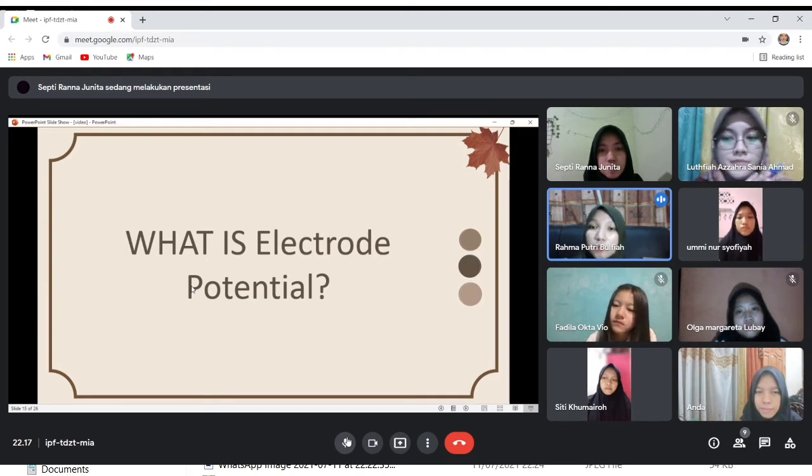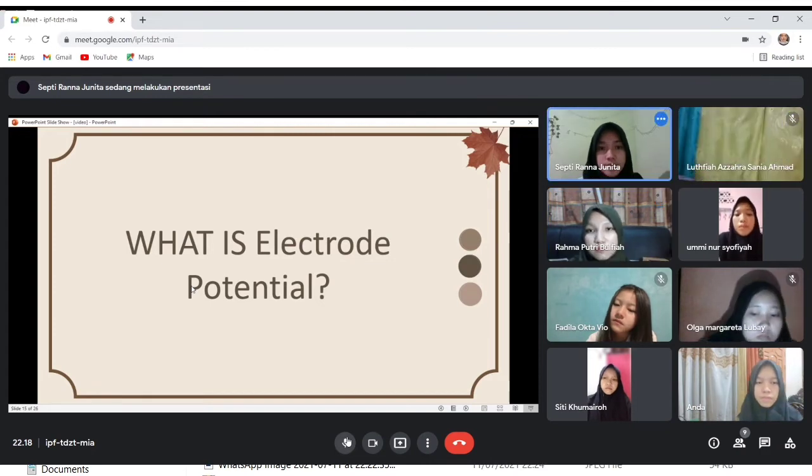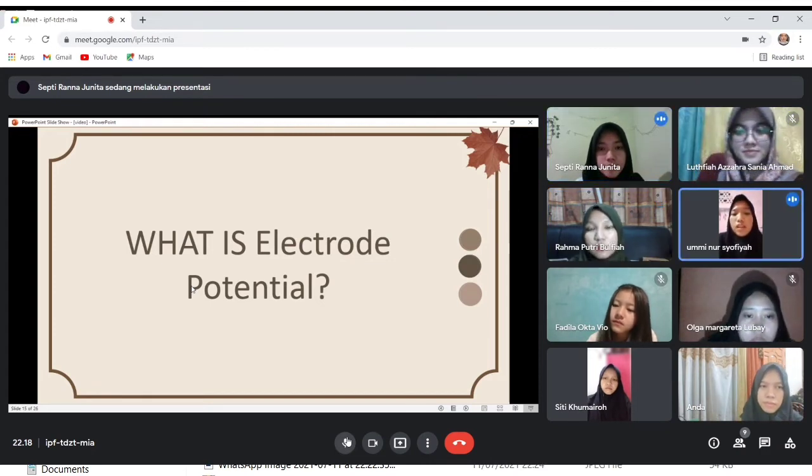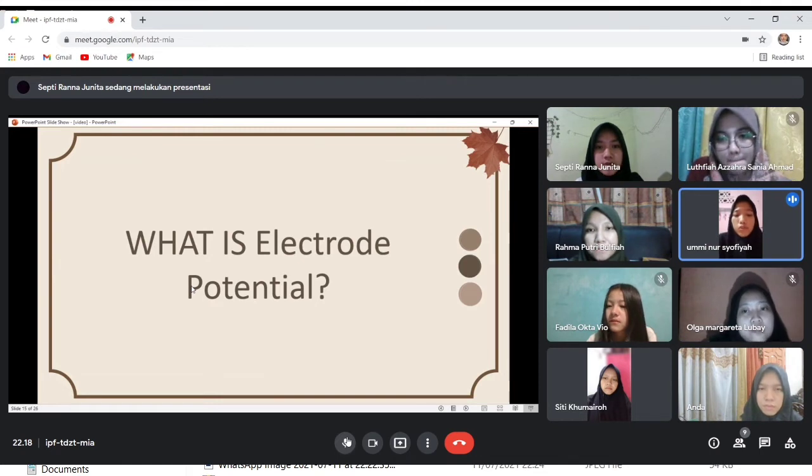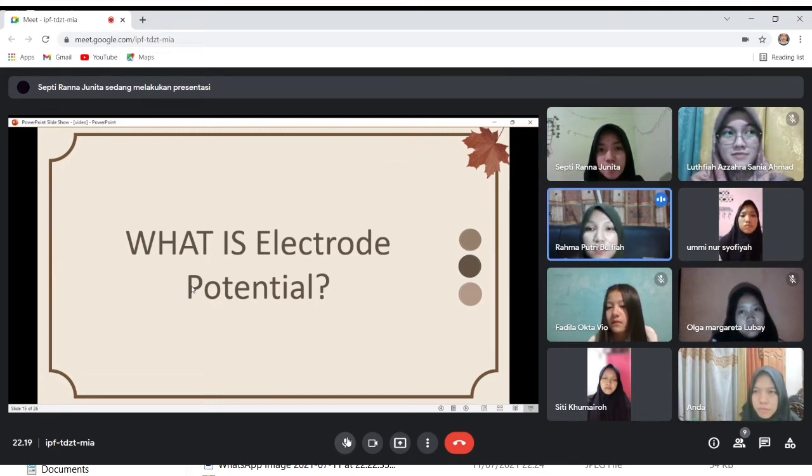Reminder, electrode potential values give us an indication of how easy it is to reduce a substance. Permission to ask, Miss. Is there only the reduction electrode potential? Oh no, but by convention, the electrode potential refers to the reduction reaction.